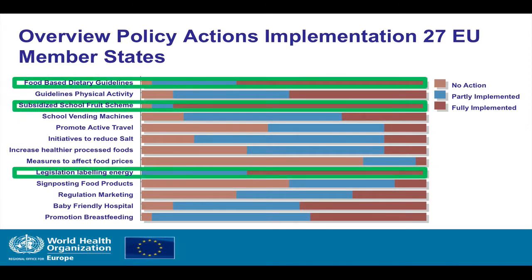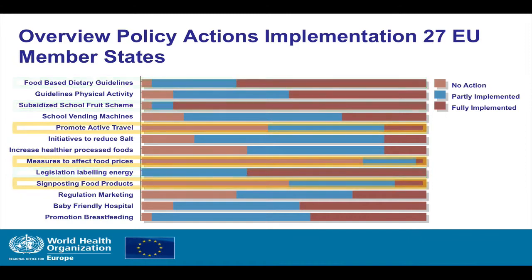The dietary guidelines, for instance, you find available in almost every country. Subsidized fruit schemes in schools are also very popular. And amongst the less popular ones is promotion of active travel, with Denmark and Copenhagen a notable huge exception there, and signposting of food products and so on.